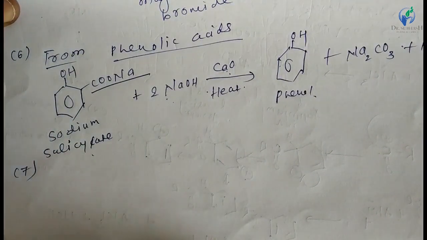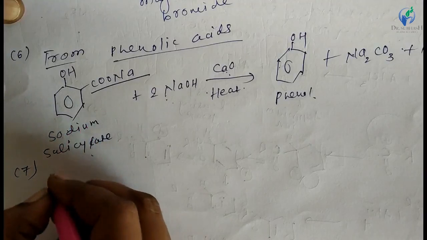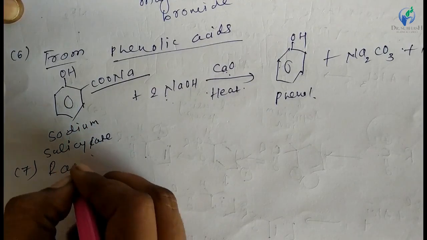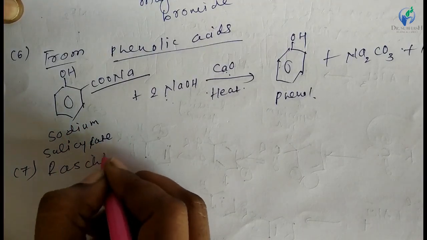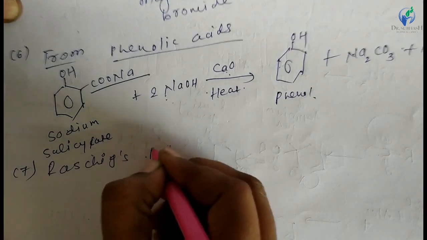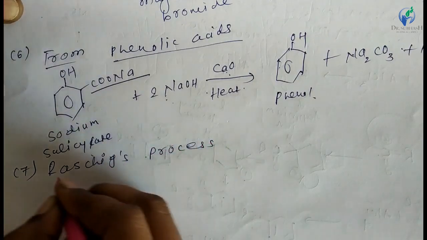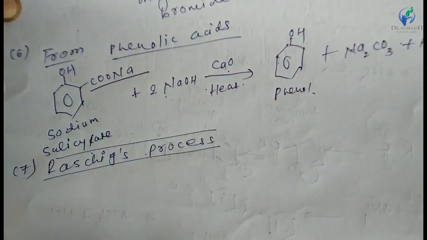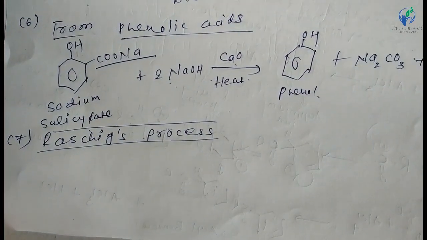Now the seventh and last reaction for the synthesis of phenol is Raschig's process, right. It is again a named reaction, Raschig's process.